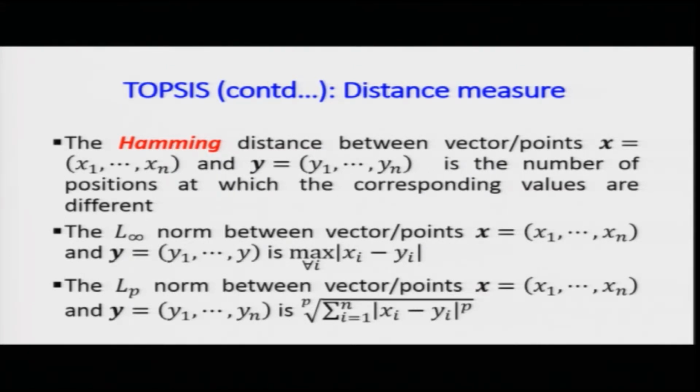And for the LP norm, you find out the differences in the mod value, raise them to the pth power, add them up, and then take the 1 to the power p root, based on which you find the LP norm distance. Now, here as I mentioned, we will only consider the L2 norm, which is the Euclidean one, based on which we will do the calculation.